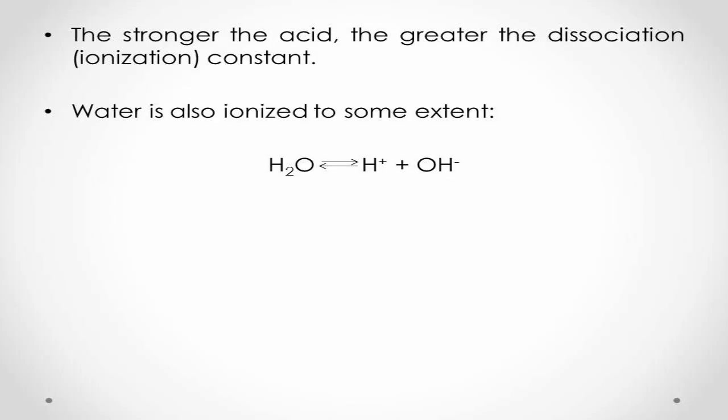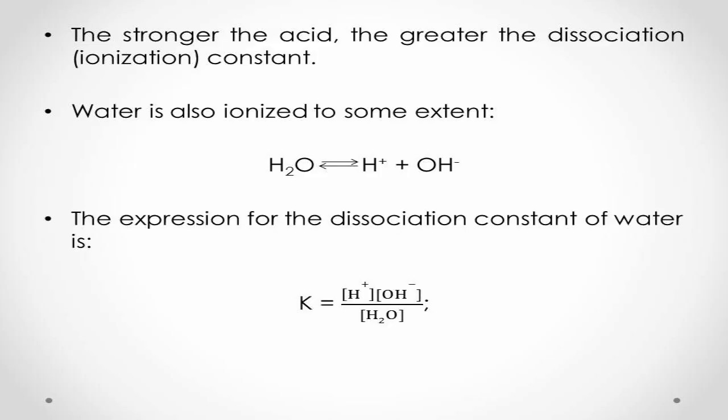Moving on, water also dissociates to some extent. It partially breaks down into H plus ions and OH minus ions. We can write the formula for the dissociation constant for water as a ratio of the product of the concentration of H plus ions and OH minus ions and the concentration of undissociated water molecules.